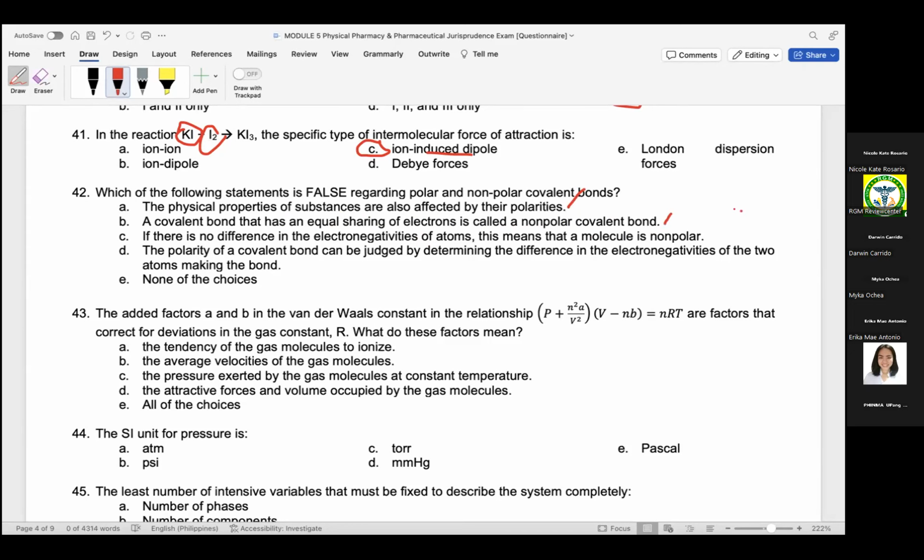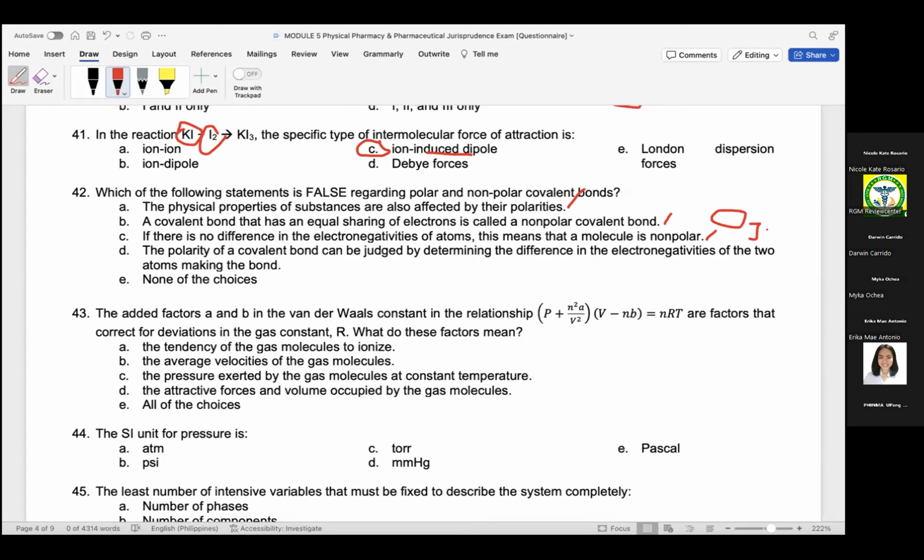Di ba? Equal ang sharing ng electron, non-polar yan, or induced dipole. Letter C, if there is no difference in the electronegativities of atoms, this means that the molecule is non-polar. This is also true. For example, iodine bonded with another iodine, di ba pareho ng electronegativity yan? Walang mas mataas, walang mas mababa. Pag pareho ng electronegativity, it means non-polar yung substance mo.